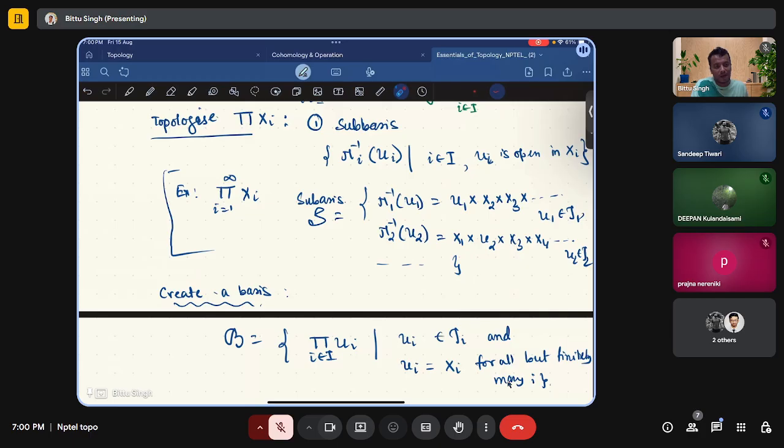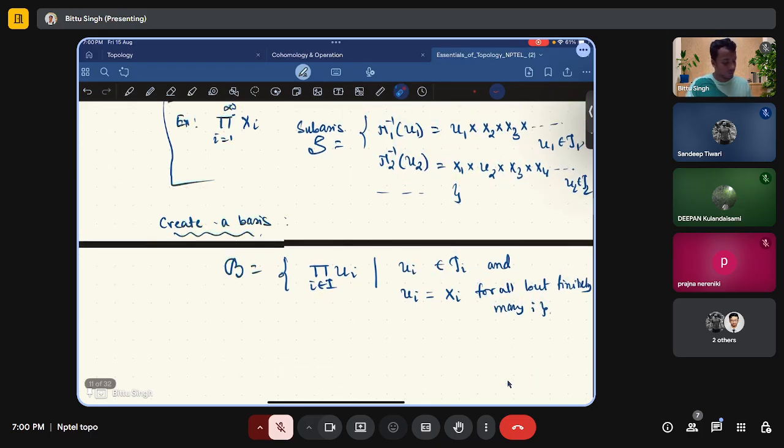So if we take a finite intersection, it is clear that only a few components will be independent, some open sets u1, u2. Other than those components, everything will be the whole xi. So this is how we can topologize the product of the xi.